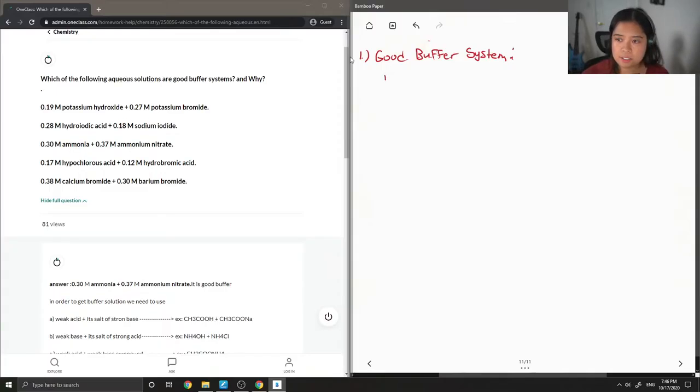So good buffer systems can be any of the following. You can have a weak acid plus the salt of a strong base, or you could have a weak base plus the salt of a strong acid.